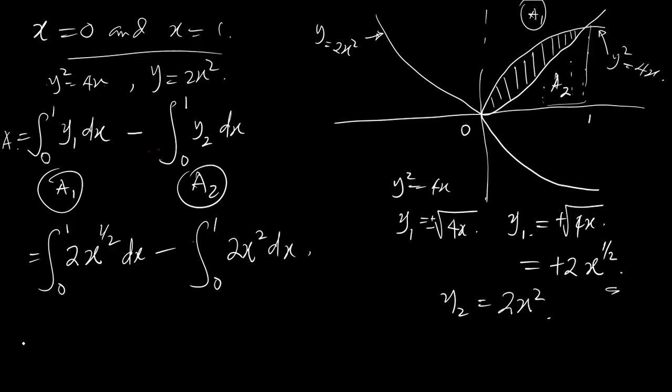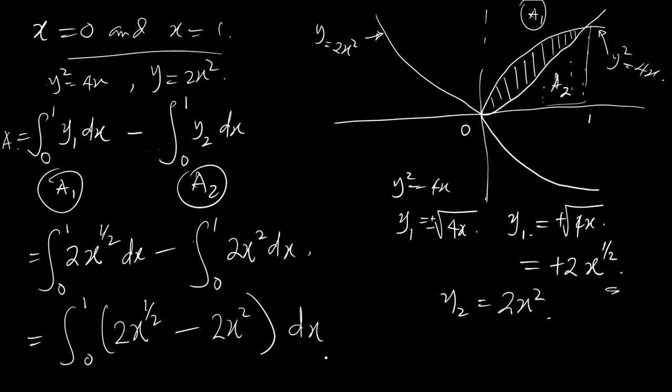So now this can also be written in this form. By combining both of them, you say the integral of this bracket 2x raised to power 1 all over 2 minus 2x squared dx. So now let's integrate.